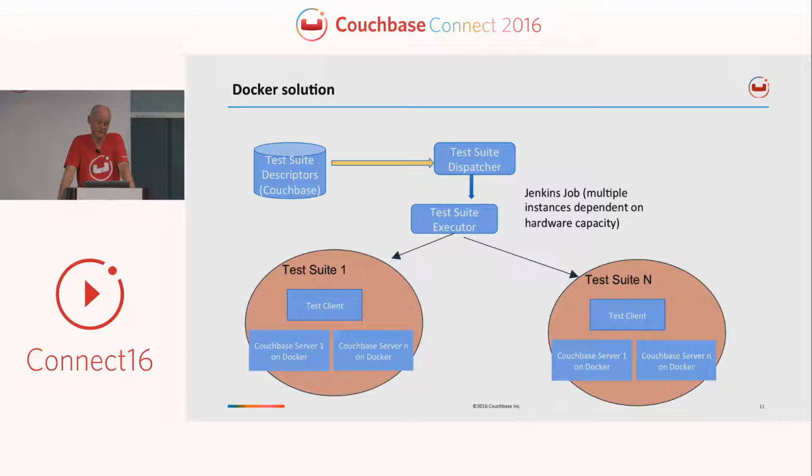What we found to date is that one 24-core physical server can run the equivalent of about 20 Couchbase servers and associated test clients, grouped into those test client and Couchbase server combinations.